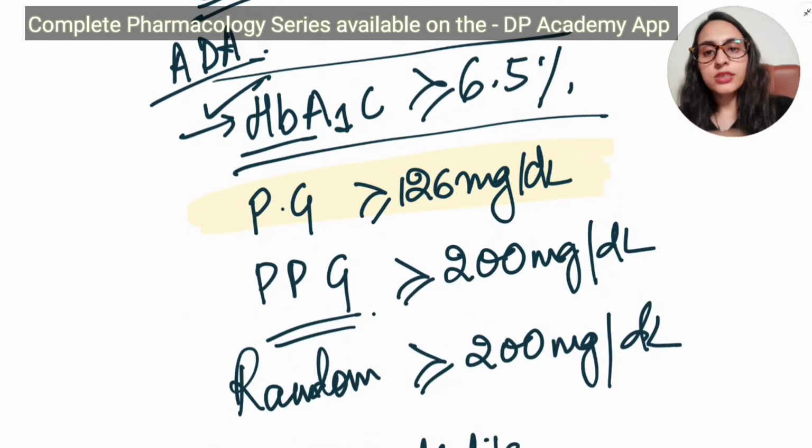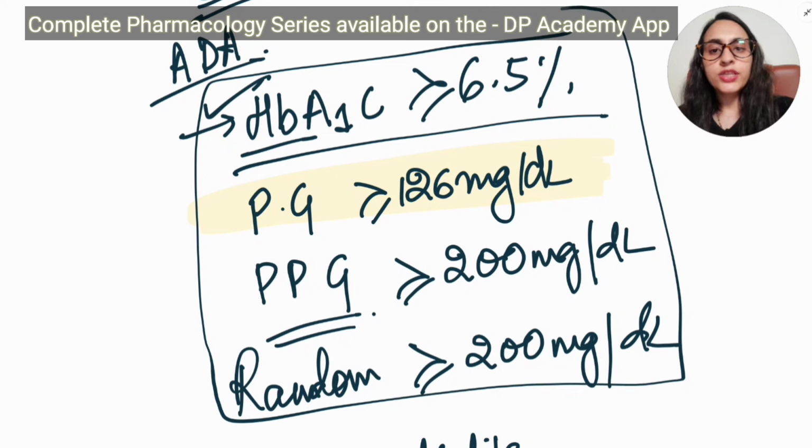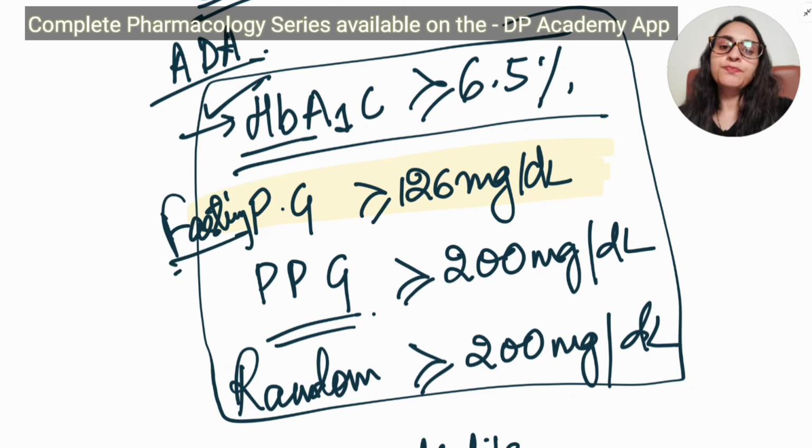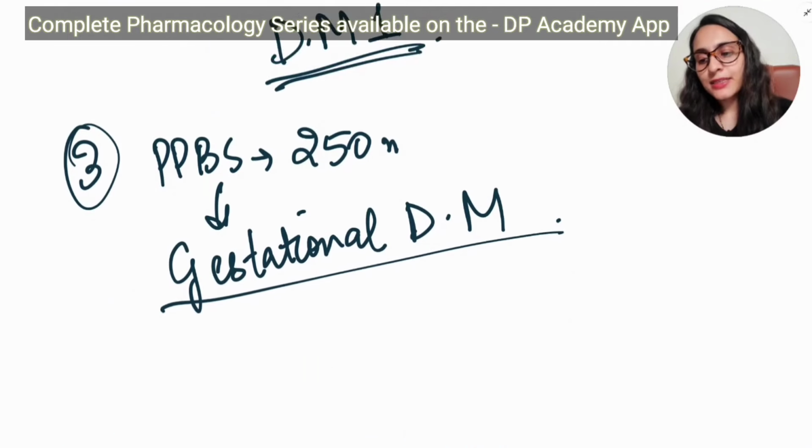And we have talked about this criteria: if the HbA1c is more than or equal to 6.5 percent, or the fasting is more than or equal to 126, or the random and postprandial come to be more than or equal to 200, we call this condition diabetes mellitus.